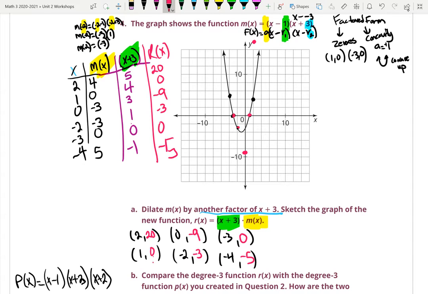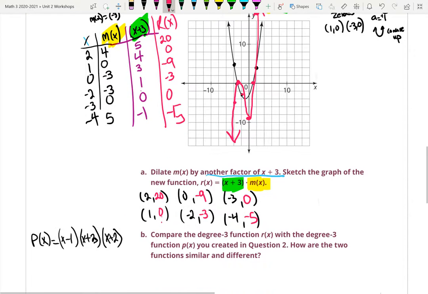And then I'm going to go to negative 4, and then it goes back to negative 5. Now I'm going to go ahead and graph this. Voila.